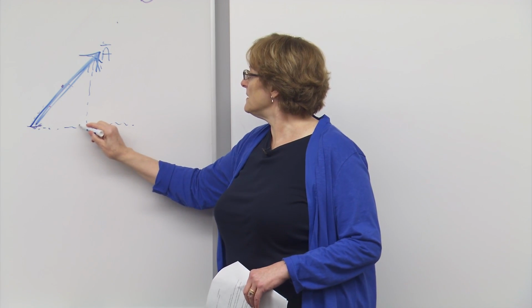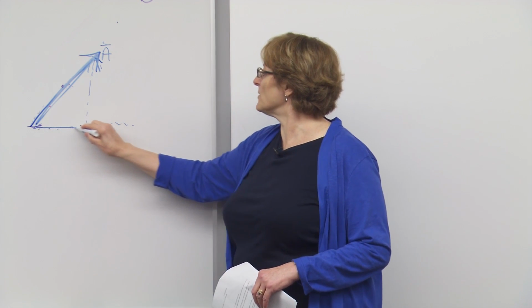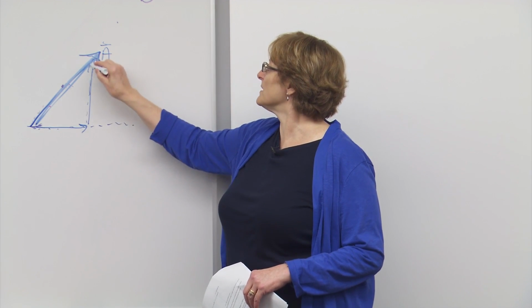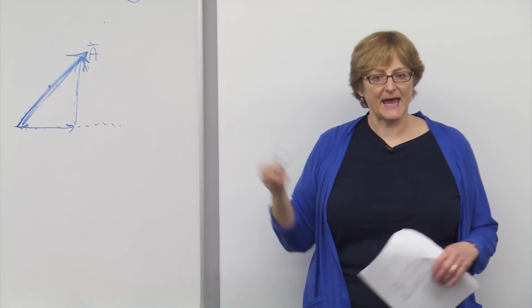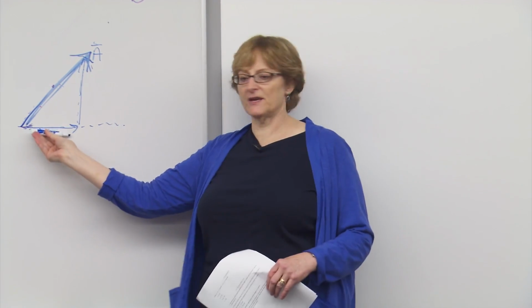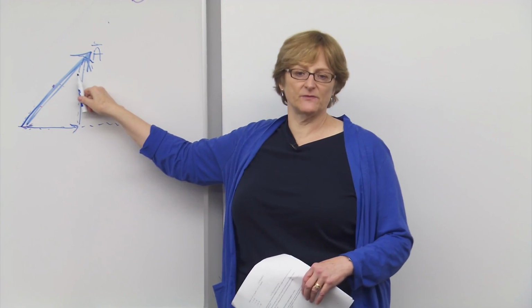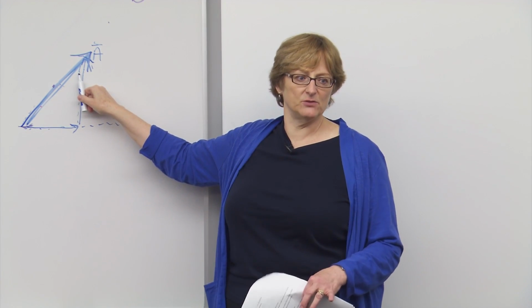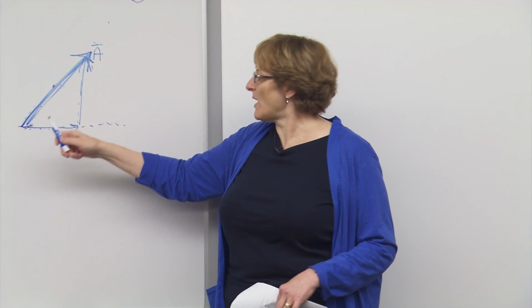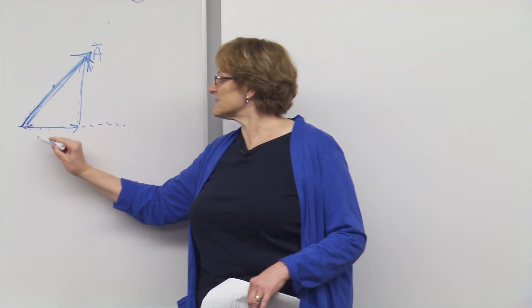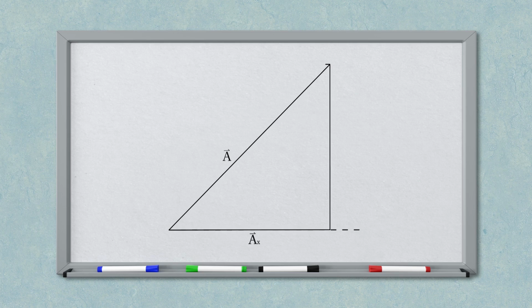And you can see how this component plus that component would add up to A, right? This much of a vector in the X direction and this much of a vector in the Y direction add up to vector A. So I can say that A is the sum of its X component, let's call that AX, and its Y component, AY.